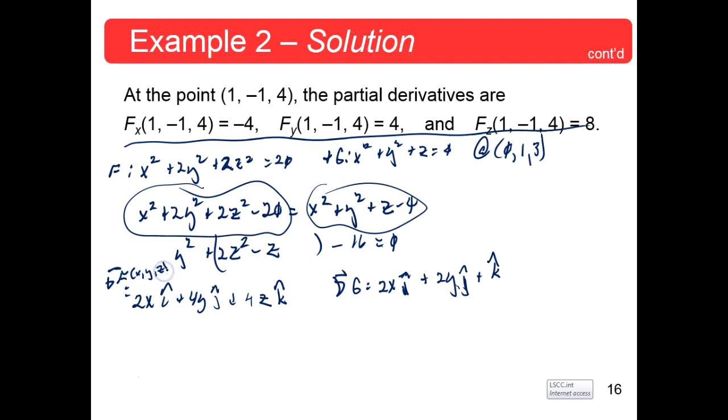And this was at x, y, and z. We want them at this point.